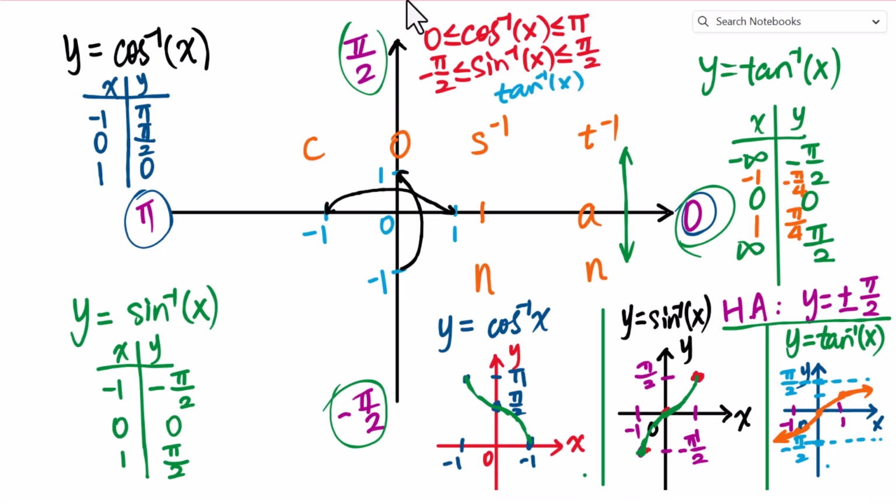Inverse tangent of x is greater than negative pi over 2 and less than pi over 2, which means y equals plus or minus pi over 2 at the horizontal asymptote line for this inverse function.